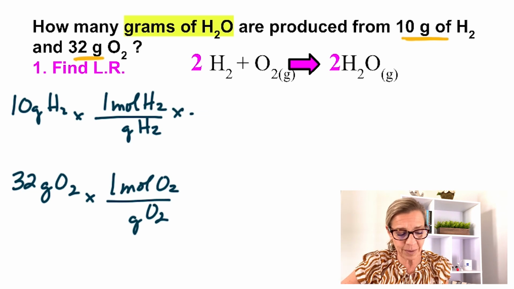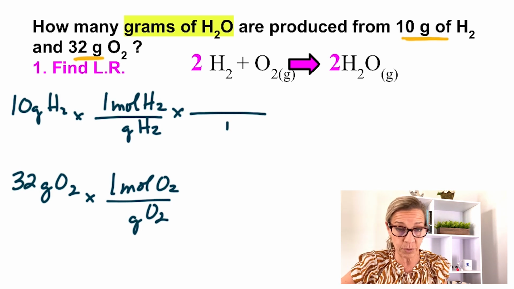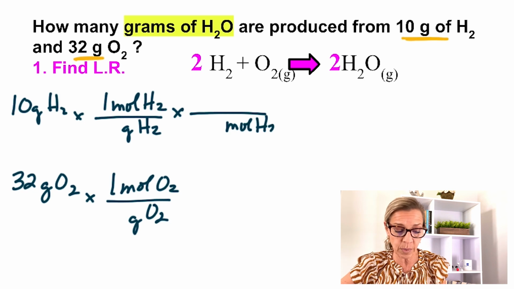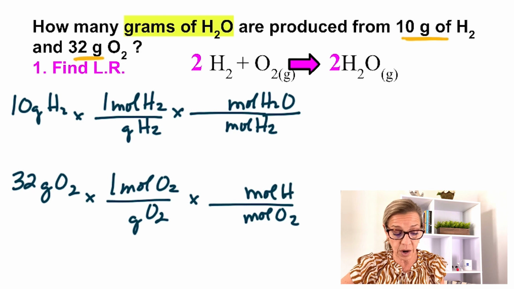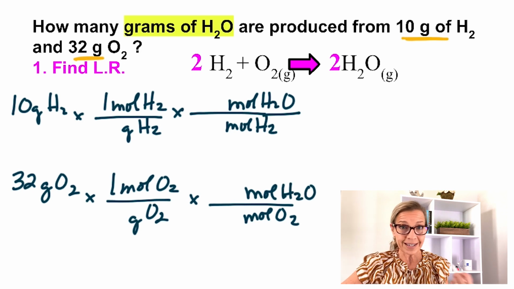So I always do my problems like this. I put the units in first. Now I'm going to water, and so I'm ready for the mole ratio. So trade in moles of hydrogen for moles of water. And on the bottom, I'm going to do the same thing, trading in moles of oxygen for moles of water. Okay, now go to the reaction and grab your coefficients.